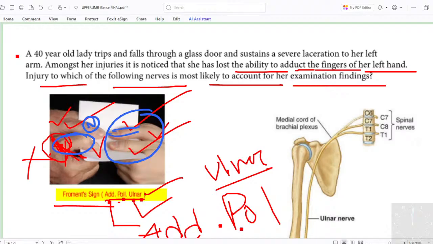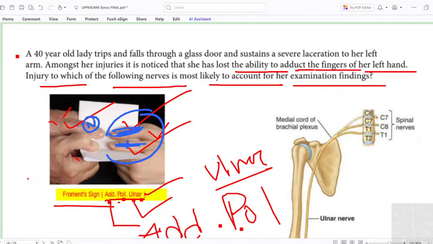In this pattern, this is normal, where the interphalangeal joints are straight. But here he cannot tighten because of the weakness, and this weakness is because of adductor pollicis.